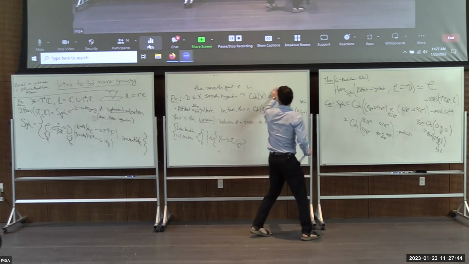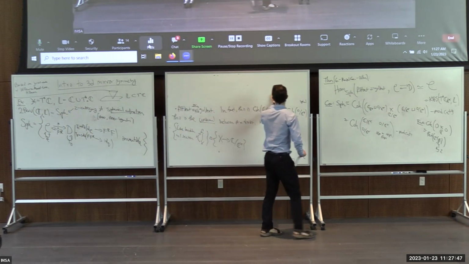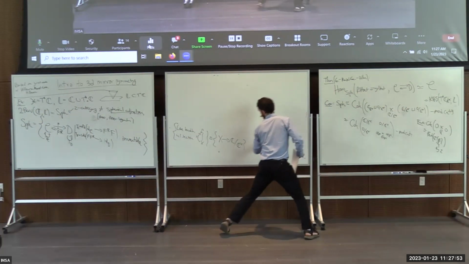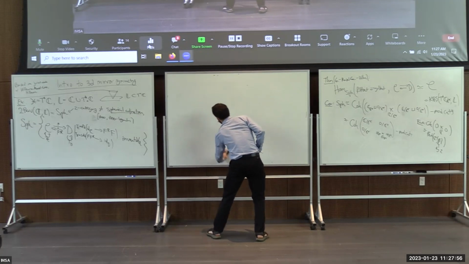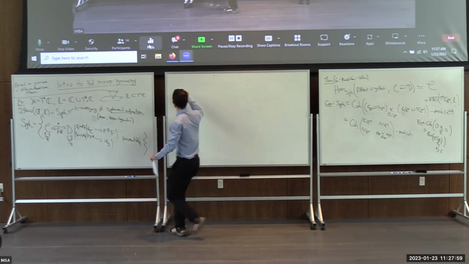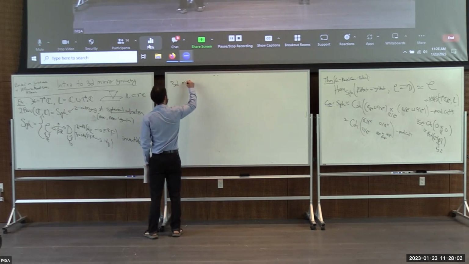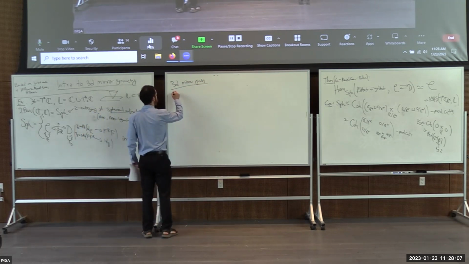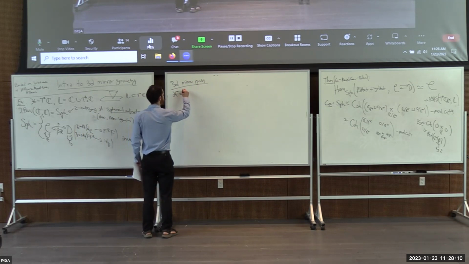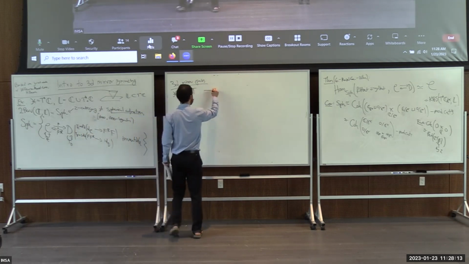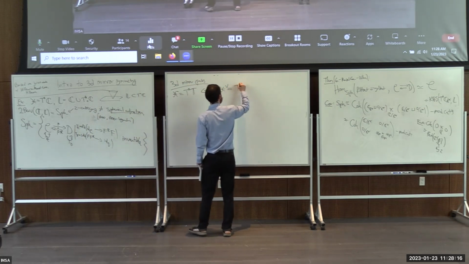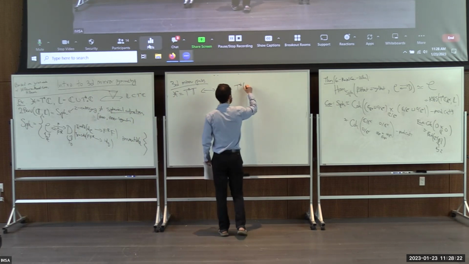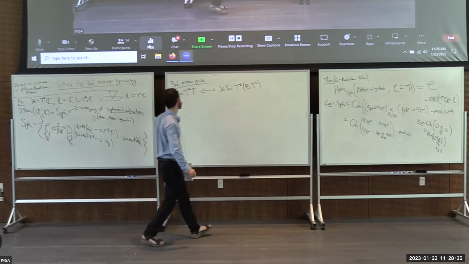Okay, I have 2 minutes left. I can give a very quick application, very quick pointing at least towards where you want to go with this. So, 3D mirror pairs, I'll end my talk with this. We've already discussed how if X is equal to the cotangent bundle to a torus T, then X check is equal to the cotangent bundle of the classifying stack of the dual torus T check.